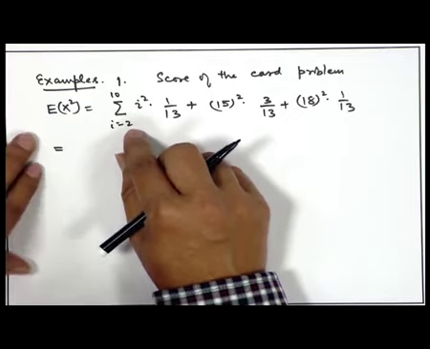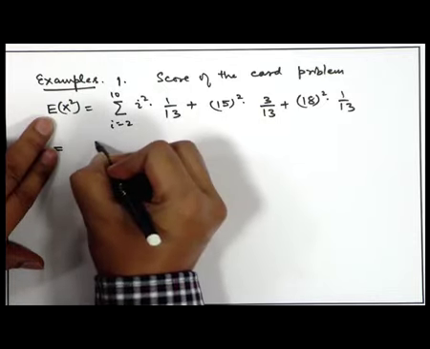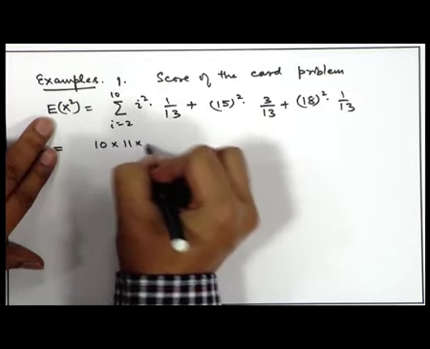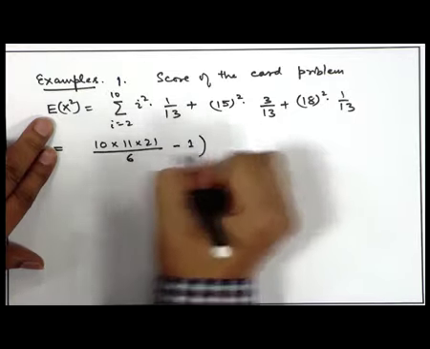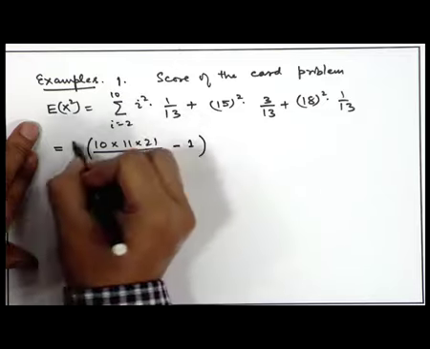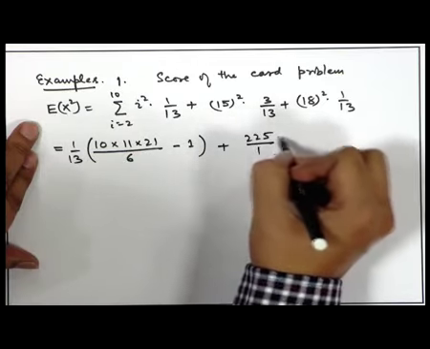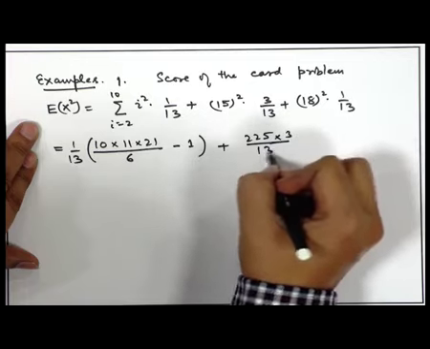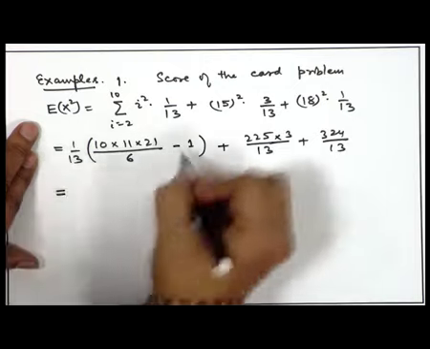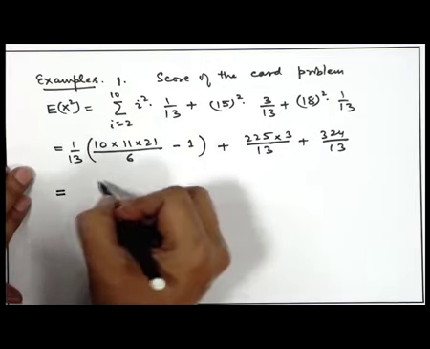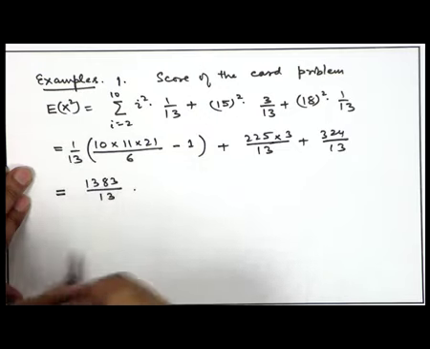So this becomes 10 into 11 into 21 by 6 minus 1, and 1 by 13 let me keep outside, plus 225 by 13 into 3 by 13 plus 324 by 13. One can easily simplify all these terms, it becomes 1383 by 13.